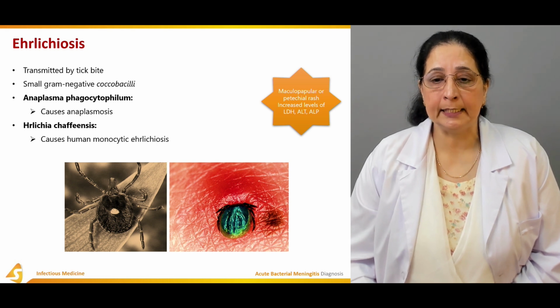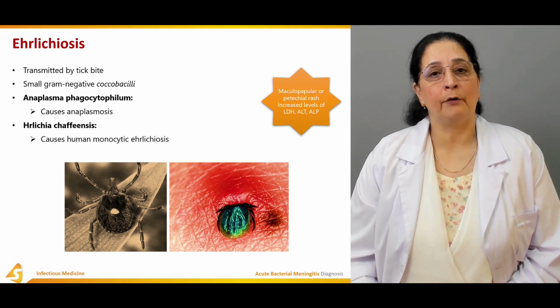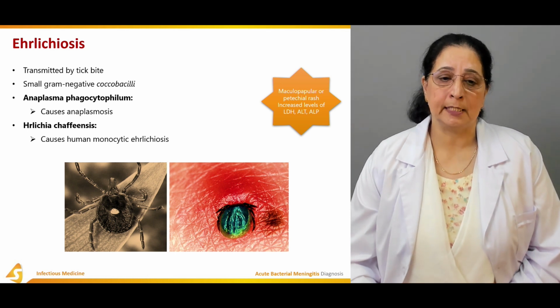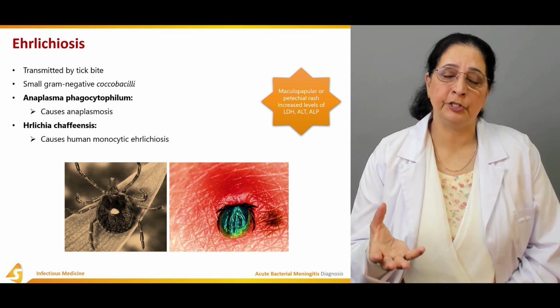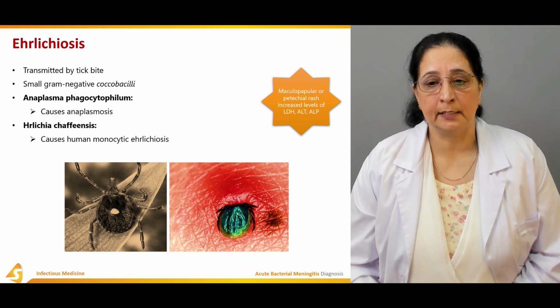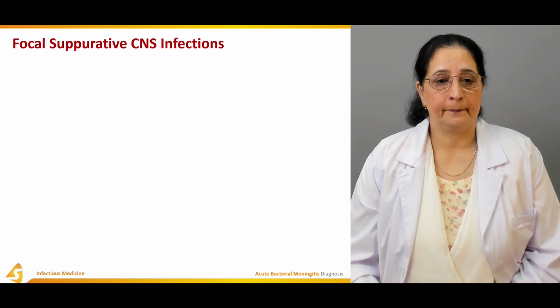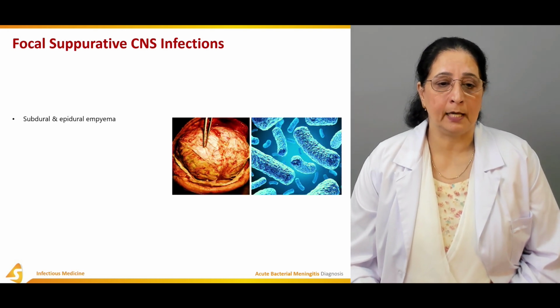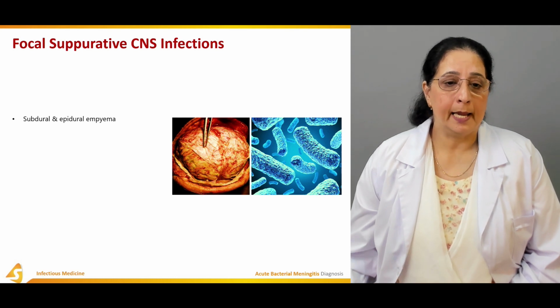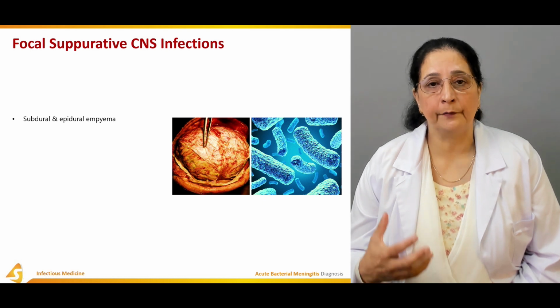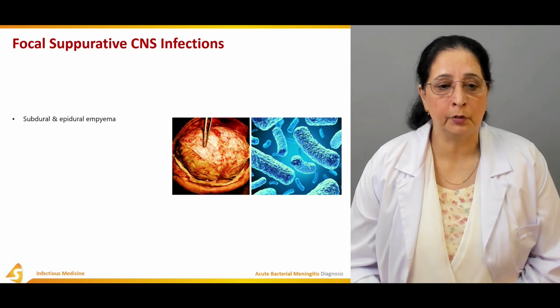There is a maculopapular or petechial rash, and increased levels of LDH, ALT, and alkaline phosphatase. So that's also a differentiating feature: increased levels of LDH, alkaline phosphatase, and transaminase. Focal suppurative CNS infections include subdural and epidural empyema, the presence of abscess or pus in the subdural and epidural space.